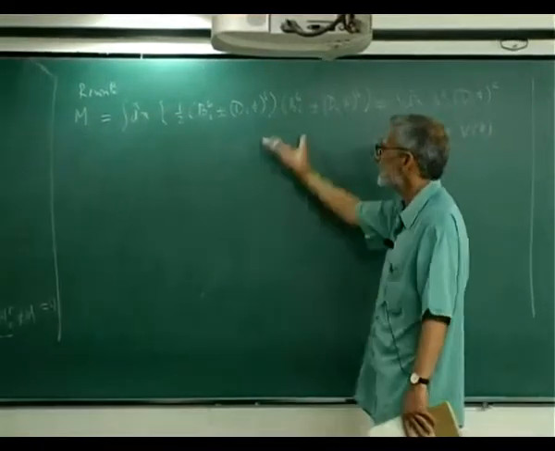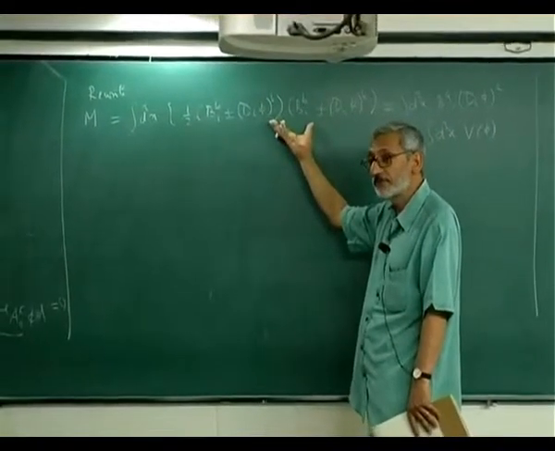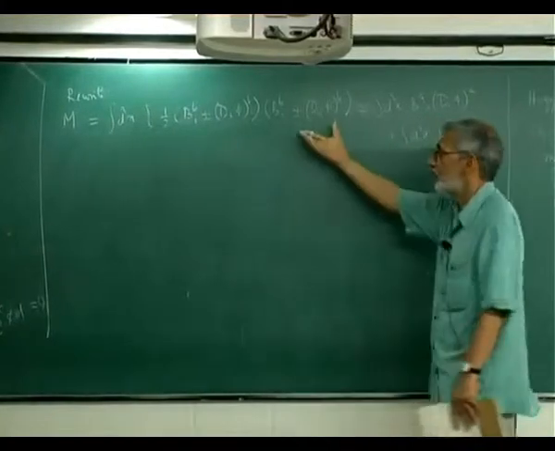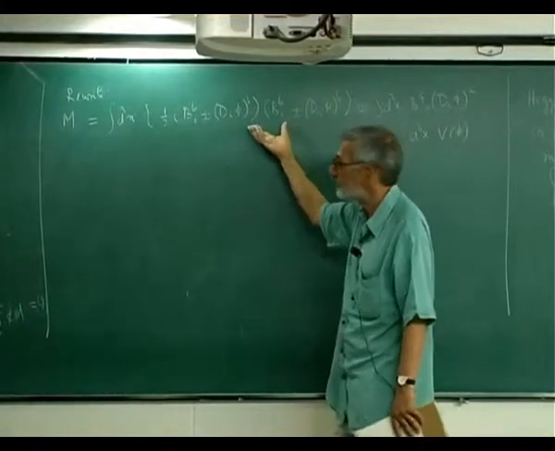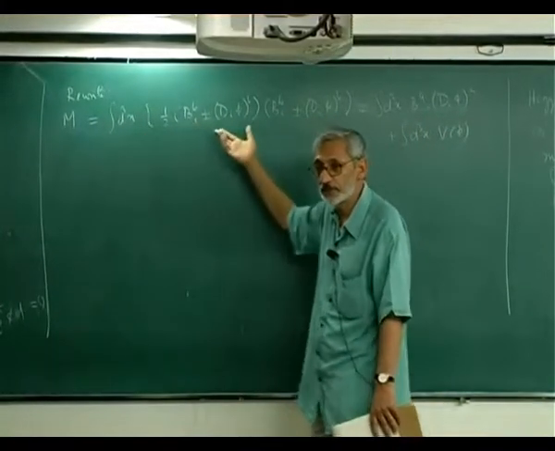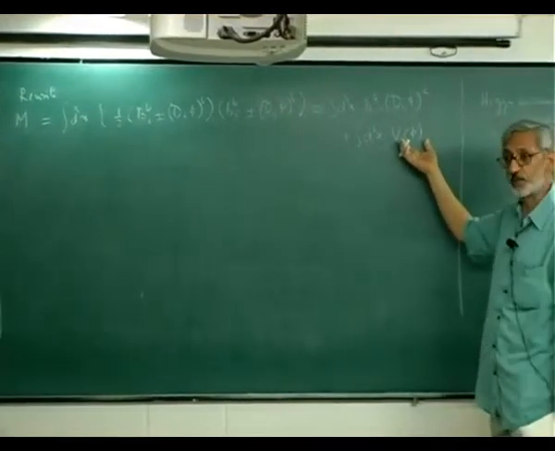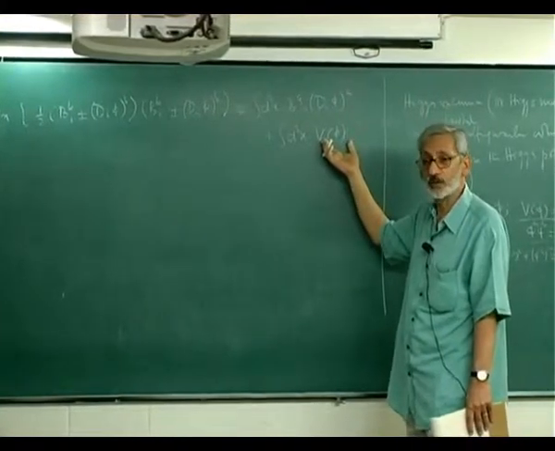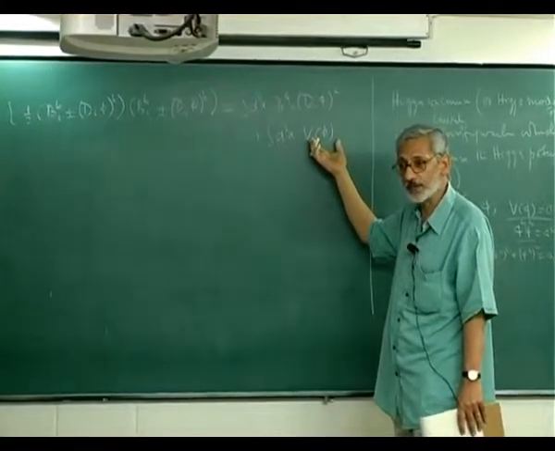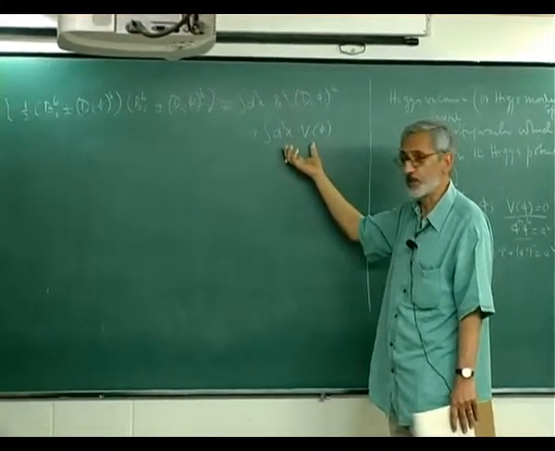Now, this is the square of an object. Therefore, this is positive, and therefore the integral of this object is positive. V of phi is positive because of the way it was written, it was a square of an object. So this is positive.